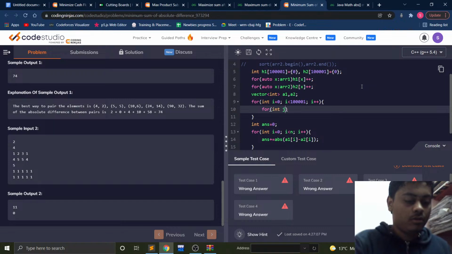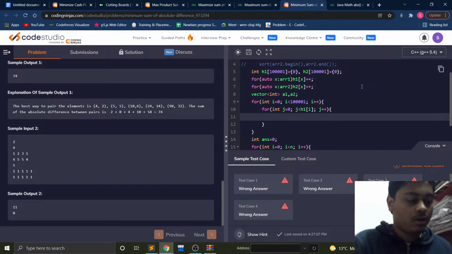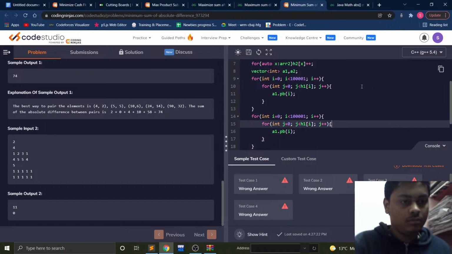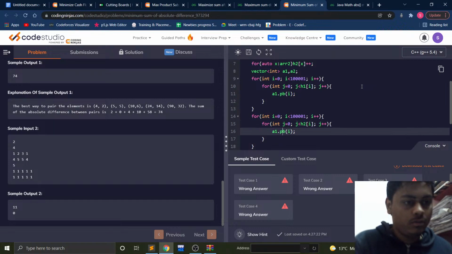For h1 of I, a1 dot pushback I. Similarly for h2 to a2.